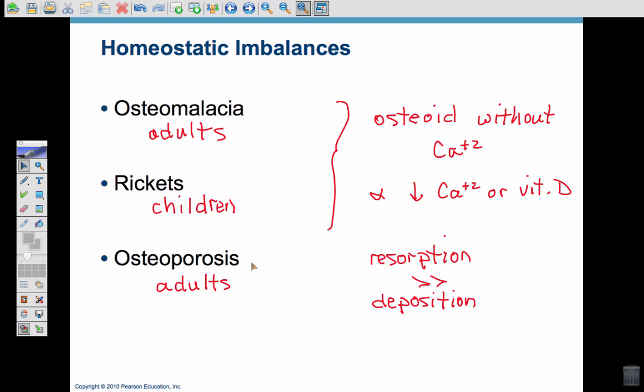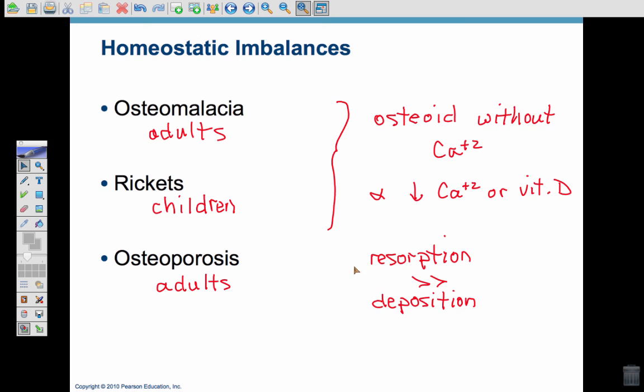On the other hand, osteoporosis, which you may have heard of, more likely to have heard of, characterizing older adults, particularly older women, is a result of the resorption of the bone tissue that exceeds deposition.